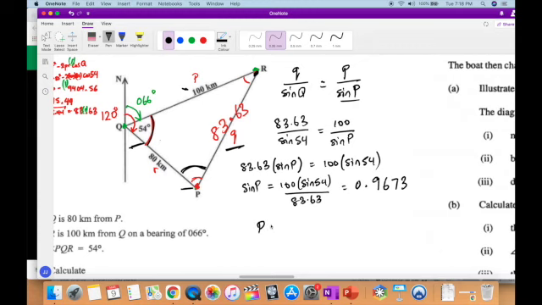And therefore P is going to be equal to the sine inverse of that, which is 75.3 degrees. Yeah.